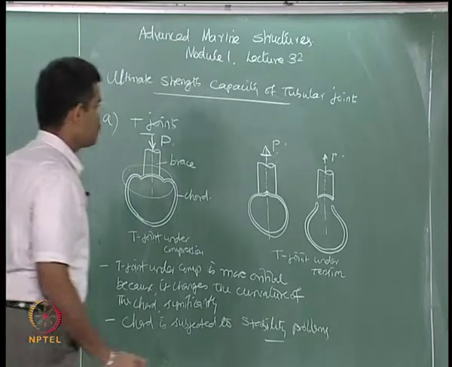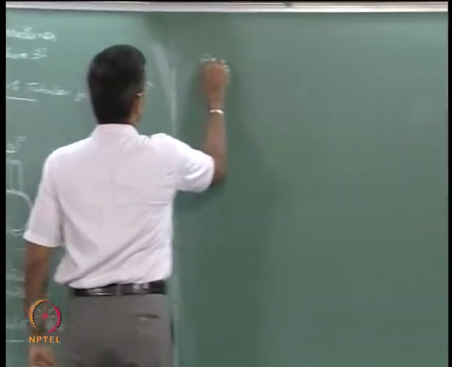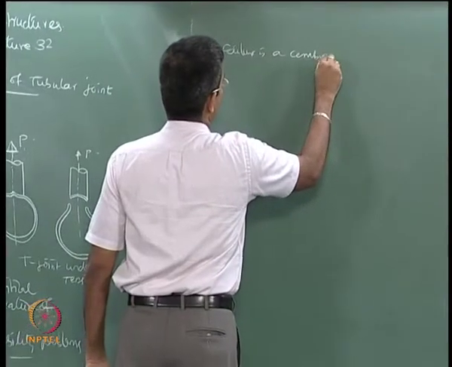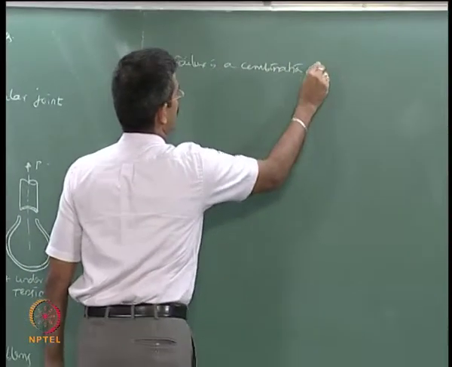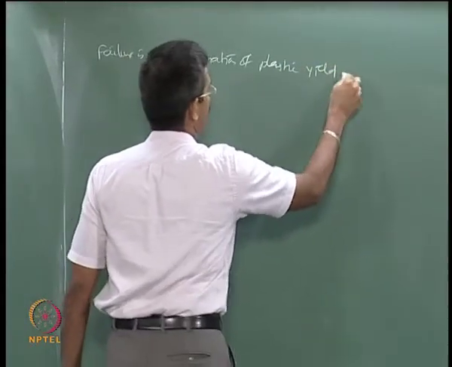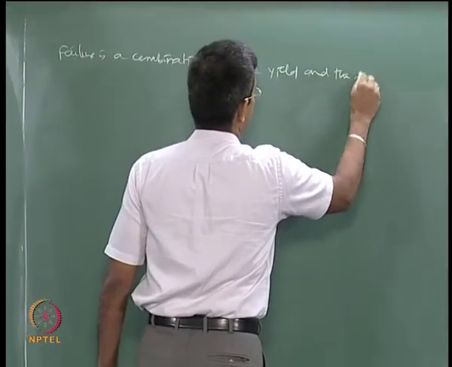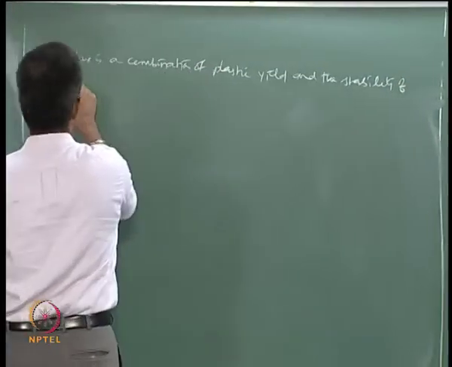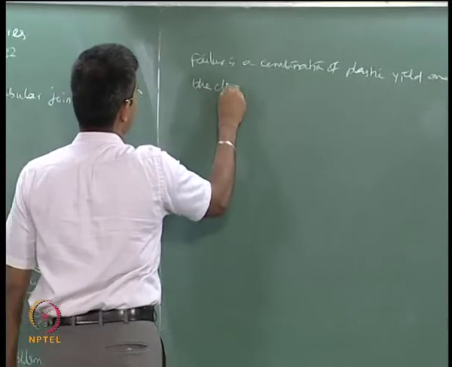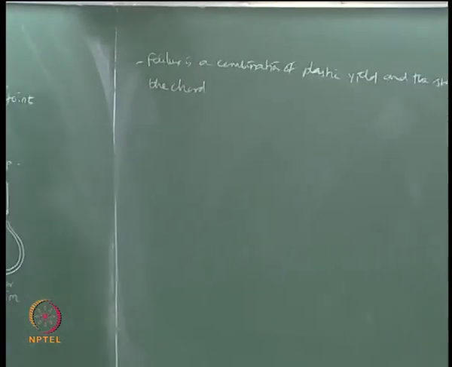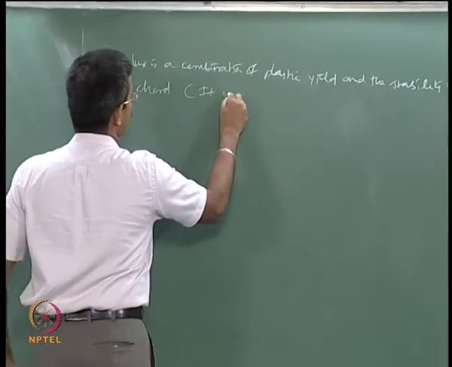So the failure is a combination of plastic yield and the stability of the chord. So therefore we can say it is highly complex.